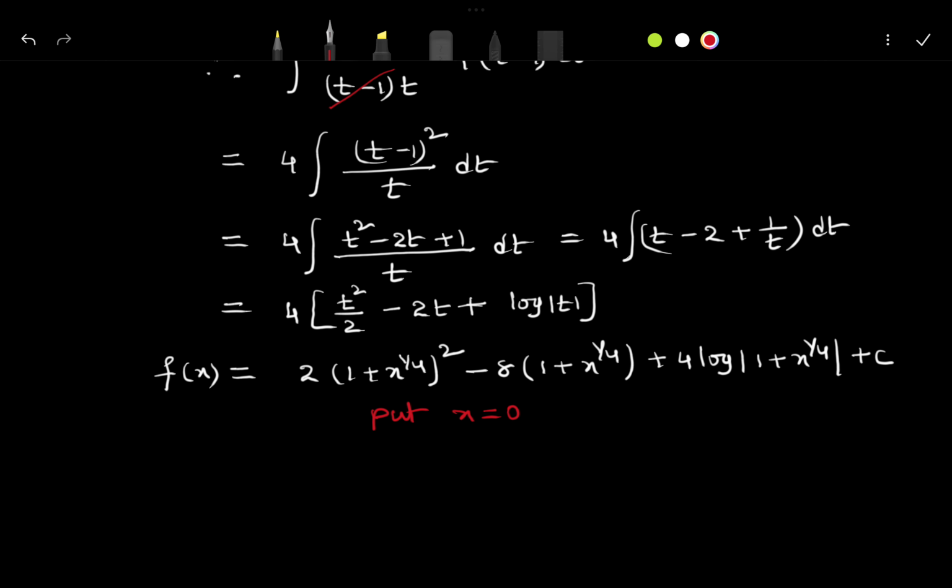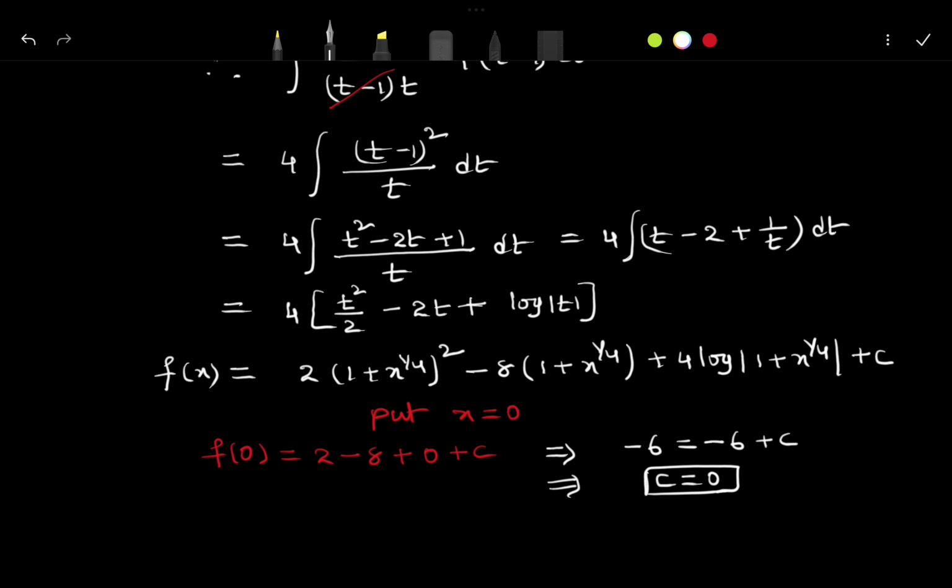Then we get f of 0 is equal to 2 into 1 into 2 minus 8 plus log 1, which is 0, plus c. Now f of 0 is minus 6. So minus 6 is equal to 2 minus 8, that is minus 6, plus c. From this, c is equal to 0.